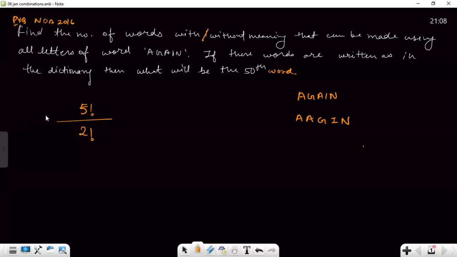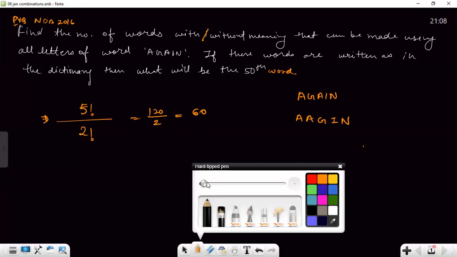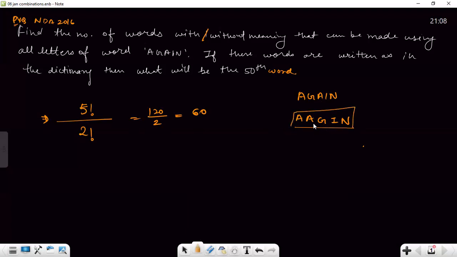Yes? 5 factorial is 120 divided by 2. That becomes 60. Okay. Now we have to discuss all the words that can be formed using these 5 letters, and we have to find out the 50th word. So let's try to write them.